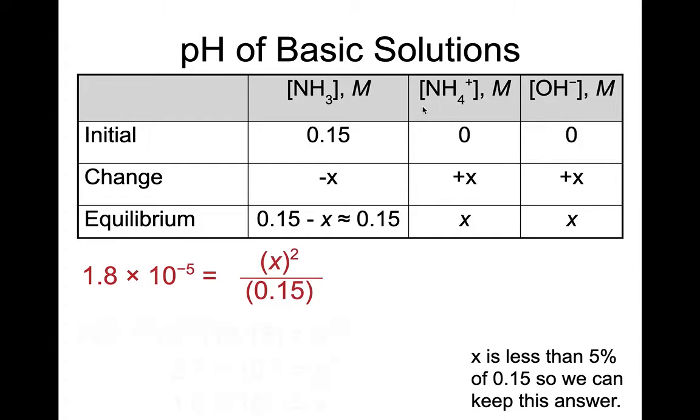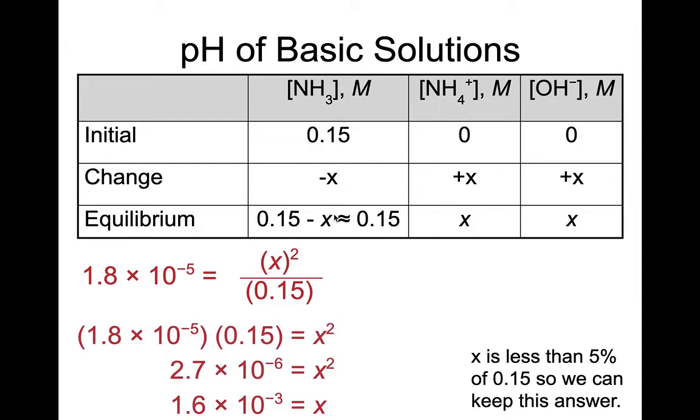Alright, so here's our ICE table. This gives us all the information we need to plug into our equilibrium expression for Kb. So we had the products over the reactants. Each product has a concentration of x. We've got x squared over 0.15 equals our base dissociation constant.